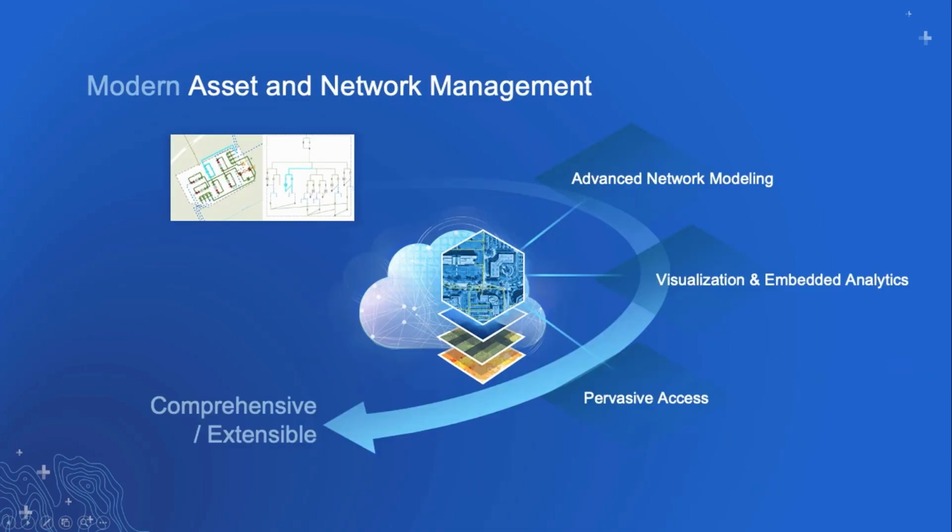The utility network is a purpose-built application that is designed for utilities to accomplish things that utilities need to do. The functionality provided is a baseline for true asset and network management. It allows you to do advanced network modeling, really accurate visualization and embedded analytics. The structure of the Esri environment allows pervasive access to your data, and it's comprehensive and extensible.